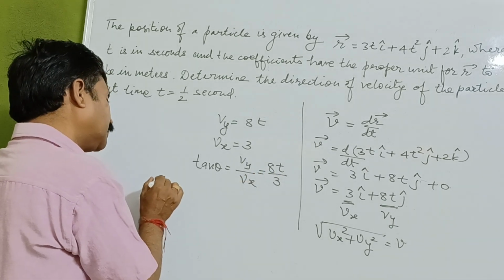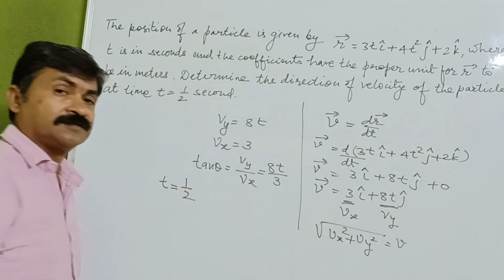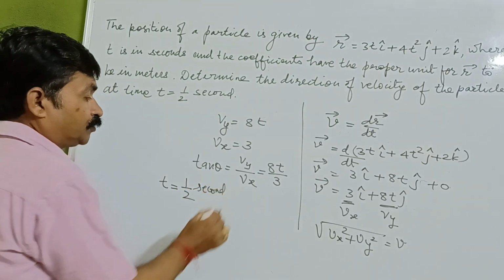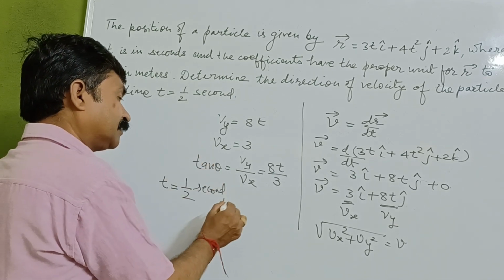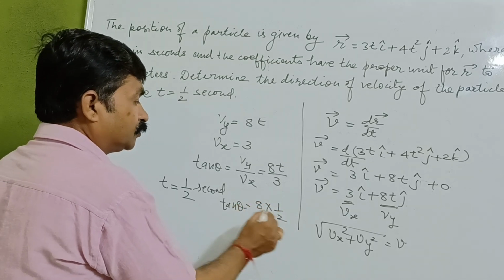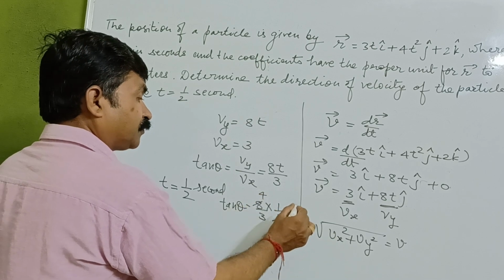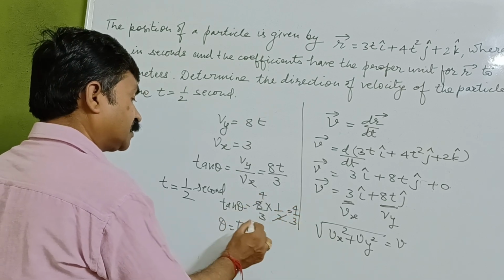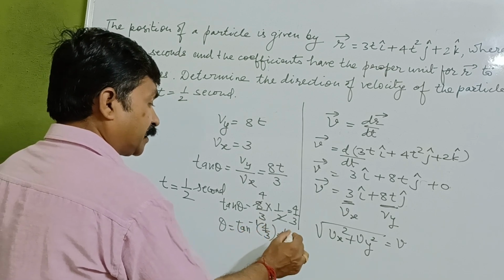Now the time is given to us as 1 upon 2 seconds. We need to know the direction at t equal to 1 upon 2 seconds. So tan theta will be equal to 8 into 1 upon 2, upon 3. So it is 4 upon 3. So theta will be equal to tan inverse 4 upon 3.